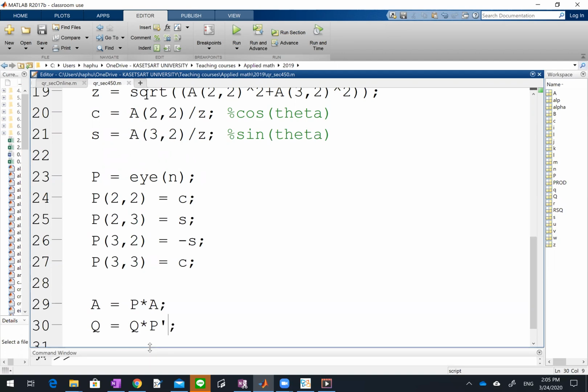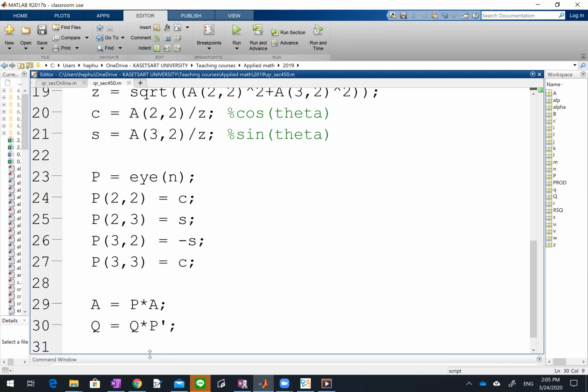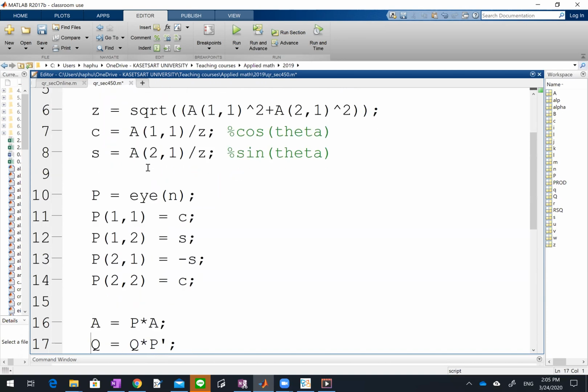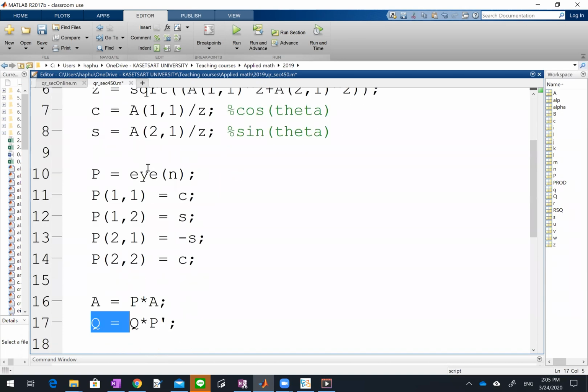Inner matrix dimensions. Oh, okay, sorry. I cannot do this because I have to say that Q is the identity, eye of N. Starting with an identity matrix, it's legal to multiply the identity matrix Q here with the P. Otherwise, if I multiply an empty set with a 3 by 3, MATLAB will give an error. So if I run it again, I should get the answer now.